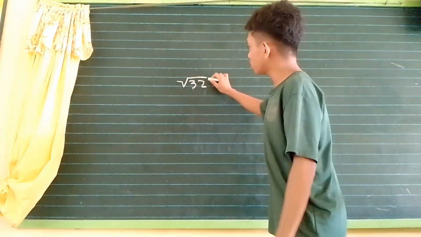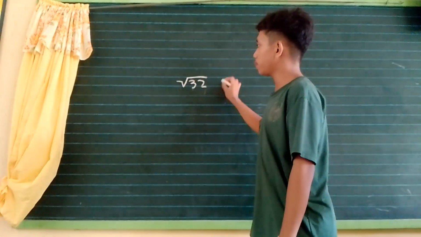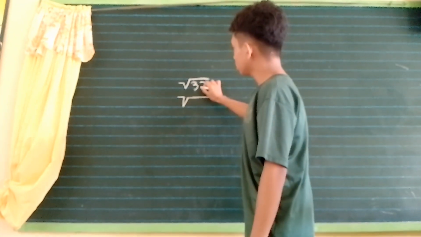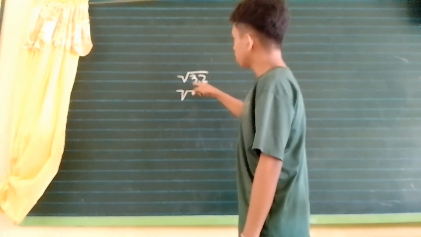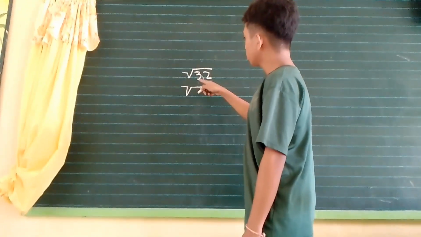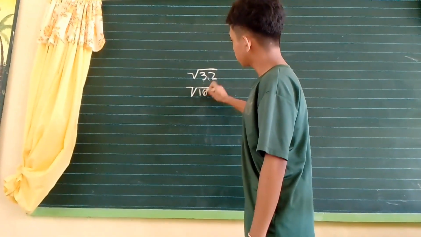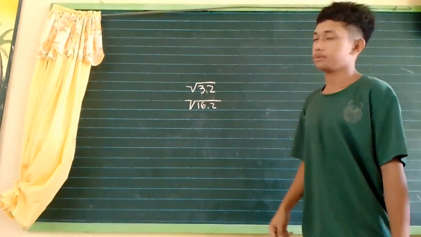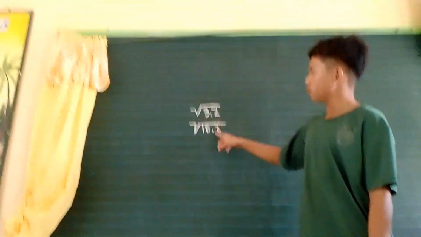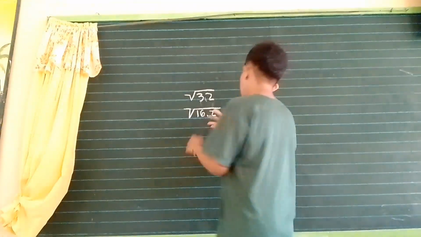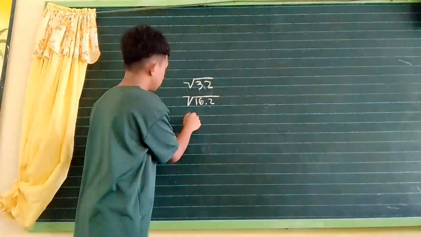You're going to factor 32, and by factoring it, you'll have 16 and 2. You might be wondering how: 16 times 2 is 32. So that is the factor of 32.